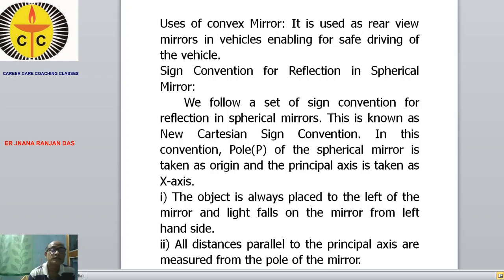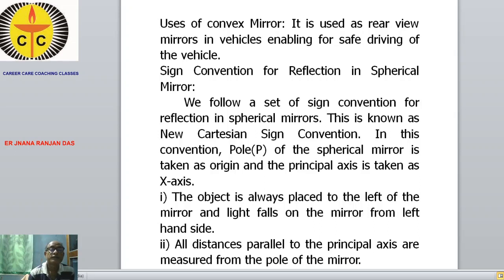People ask several problems and exercises on reflection in spherical mirrors. When solving these problems there is an equation called the mirror equation. We will read it at a later stage.